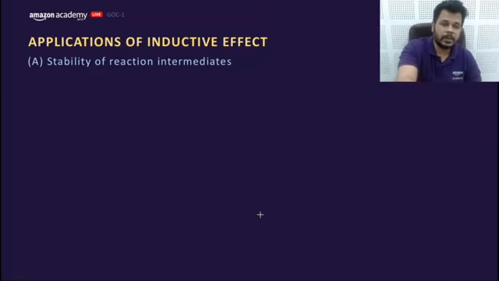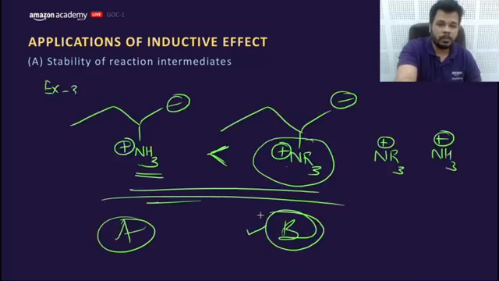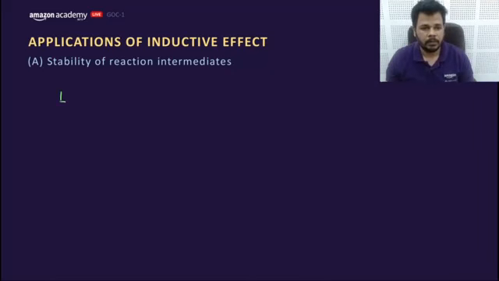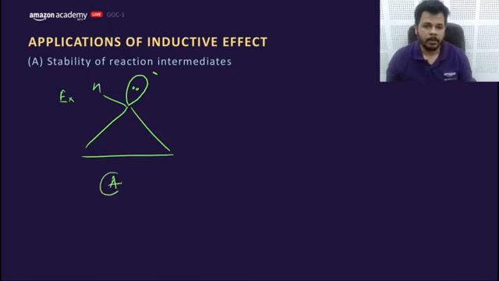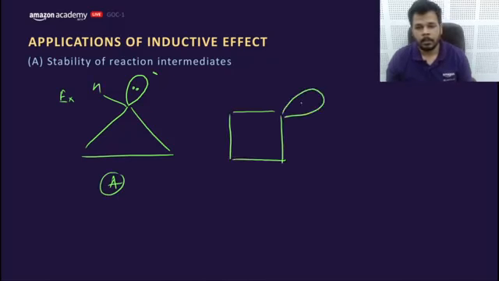Let's move to the next part. Some more examples of reaction intermediates. This is a very important one. A or B, which is more stable?